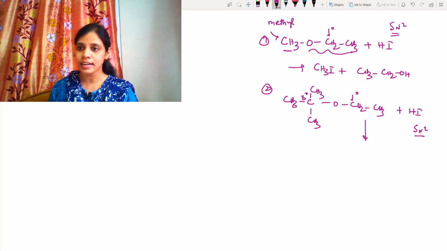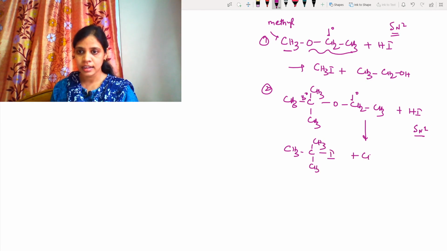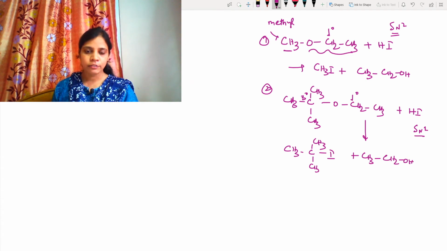So iodide is attached to this tertiary carbon and H is attached to this O, so we get ethanol as the other product. I write the product, that is CH3C(CH3)2I and CH3CH2OH.